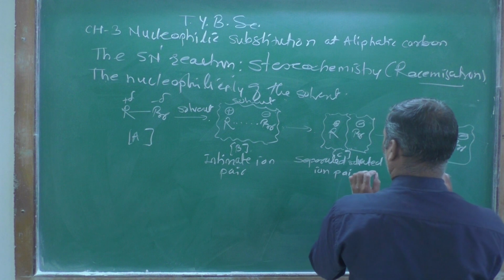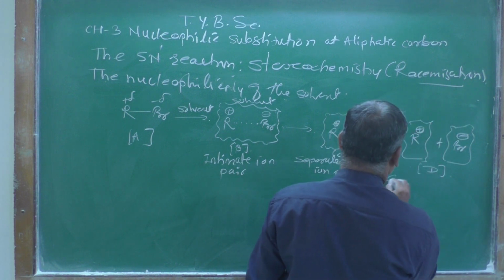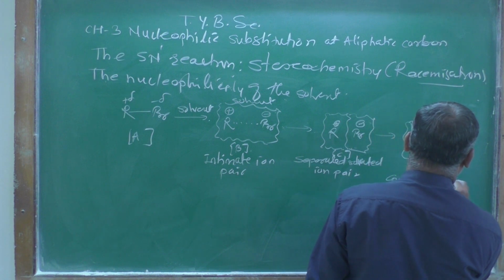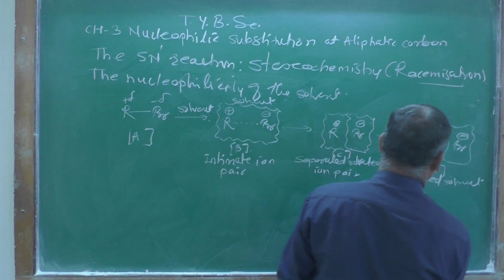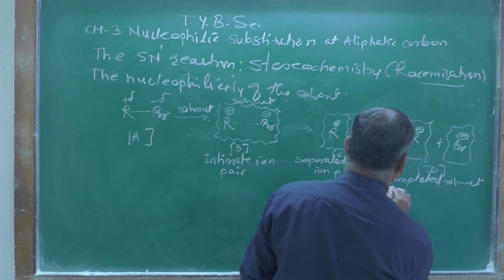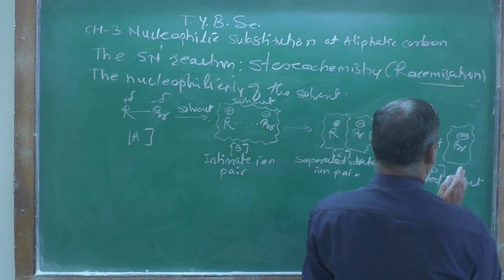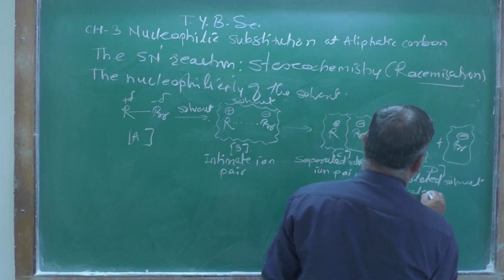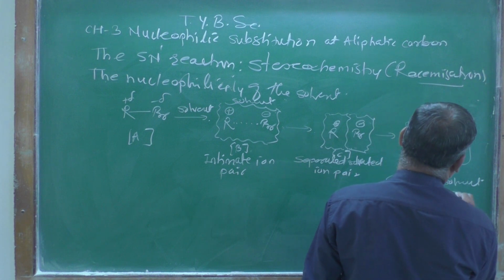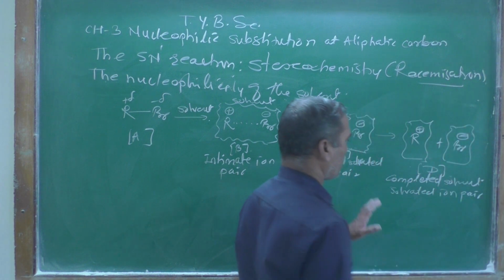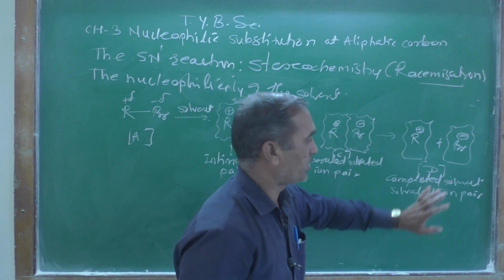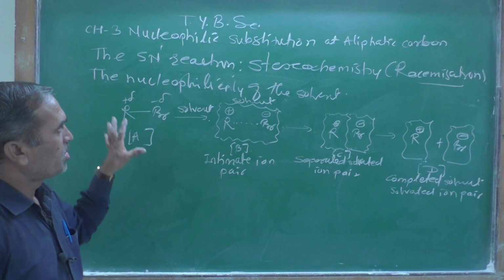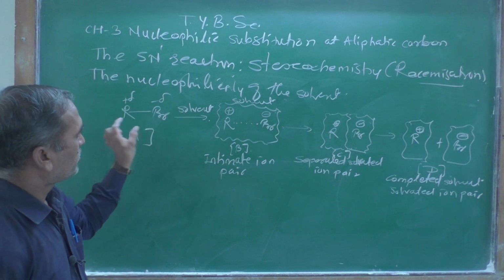Here it is a completely solvated ion pair, completely solvated ion pair, that is the D stage. These are the changes that occur during this process.